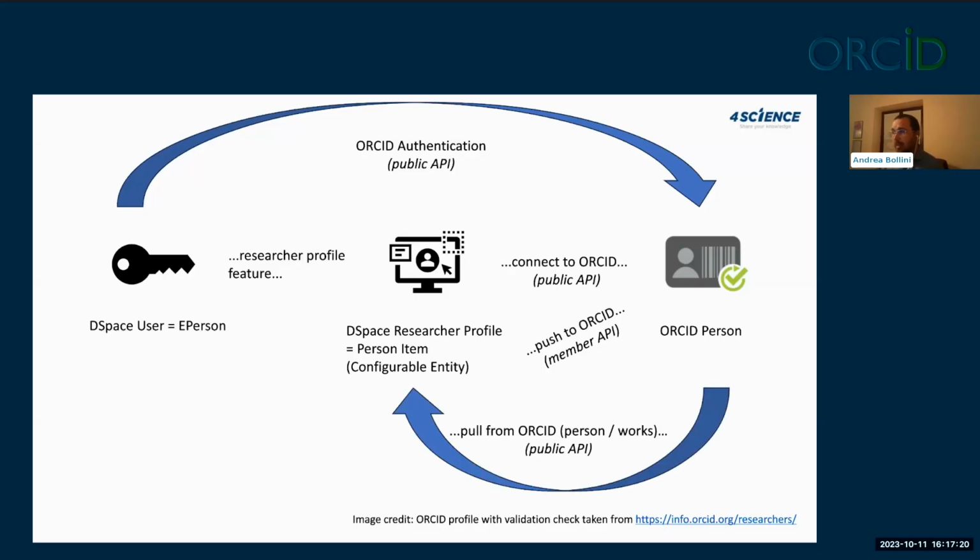Another feature is the possibility to get data from ORCID about a researcher and about publications authored by a specific researcher. And this can be done just using the public API.